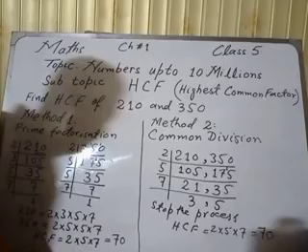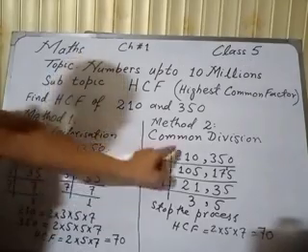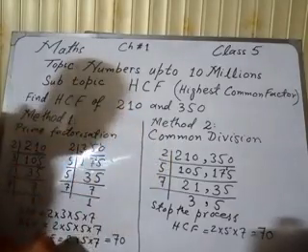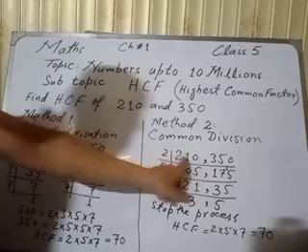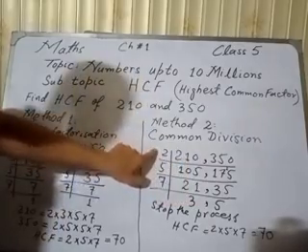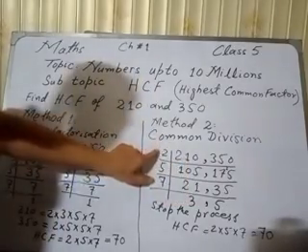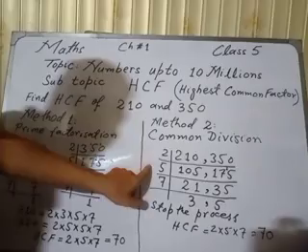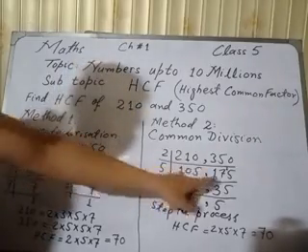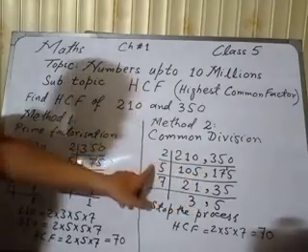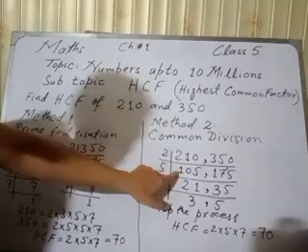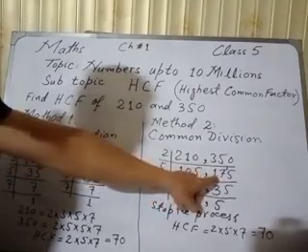Again, I want to tell you about the common division method. You have to write both numbers in the same table, and you have to divide both numbers by the same number. We selected 2 because 2 can divide both numbers. We selected 5 because 5 can divide both numbers. We didn't select 3 because 3 can divide this number but not this number.